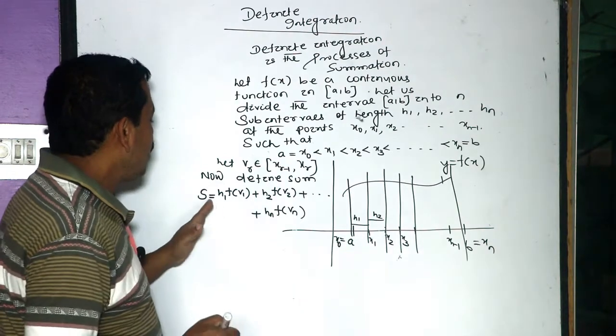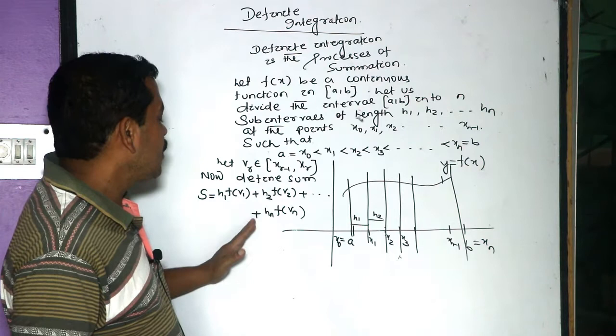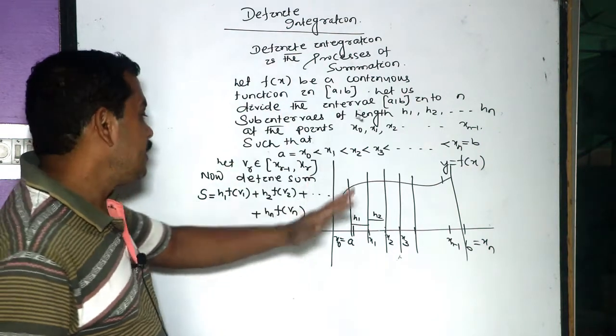Then we define the sum S as h1 f(v1) plus h2 f(v2) plus hn into f(vn).